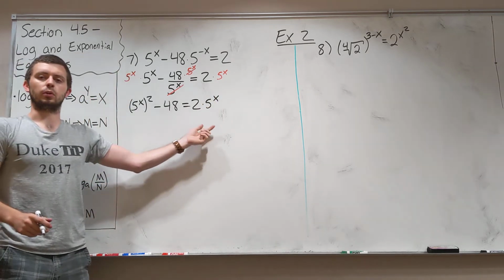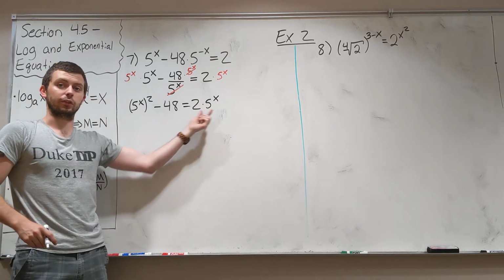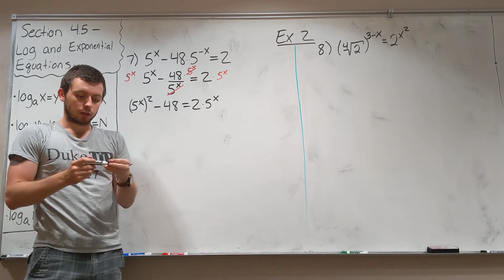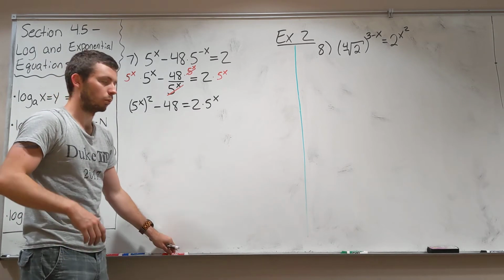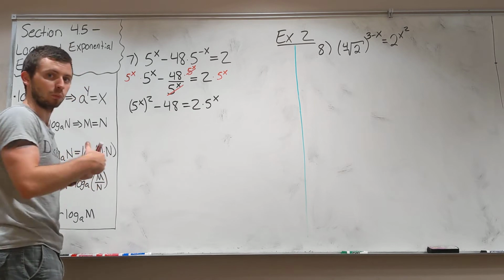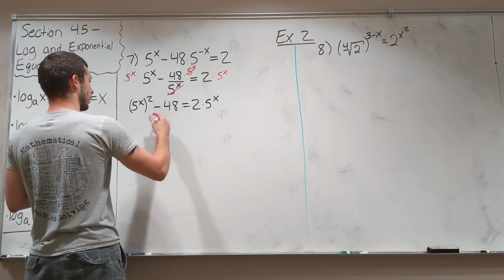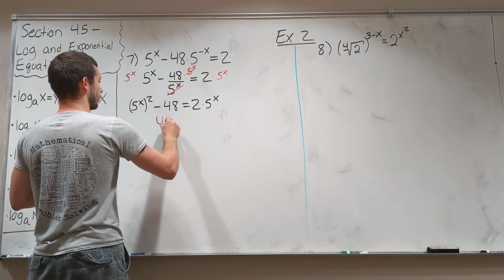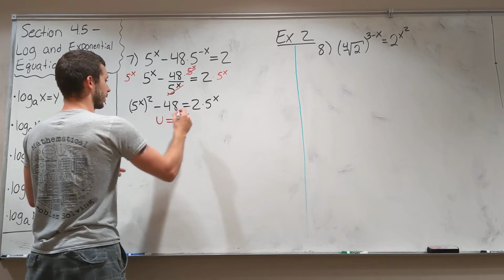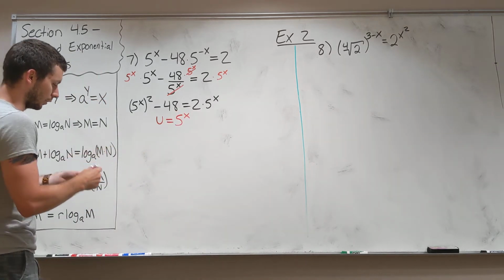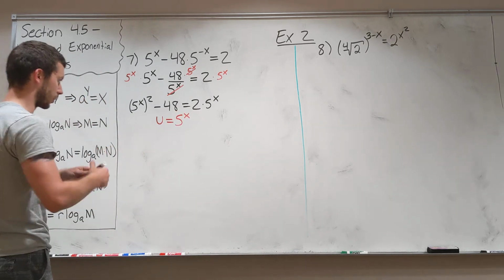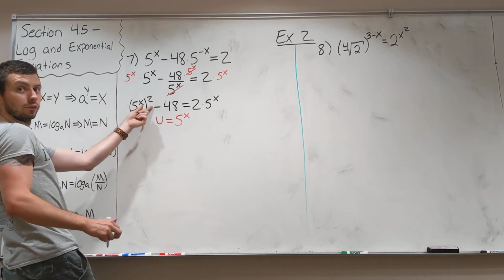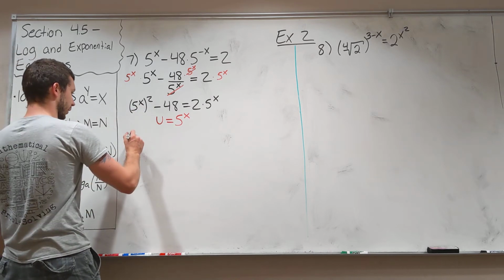And now it might be a little bit more evident with the 5^x's here that our u substitution, we can apply it the same way we did in the previous problems. The u substitution here is 5 raised to the x. And so the way that is shown here, we now have u squared, because u is 5 raised to the x.